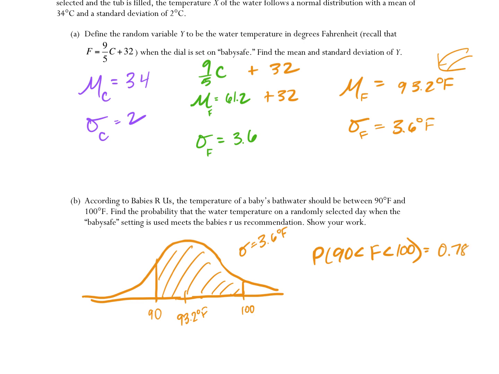Did we all get .783? Would you buy this faucet? I wouldn't. If it's saying that the probability it's going to be a safe temperature for a kid is just over 3/4, like think about how frequently the temperature would be not safe. That feels icky.